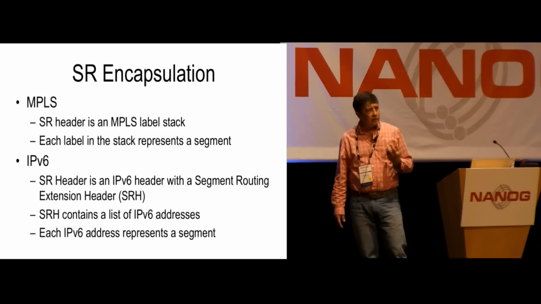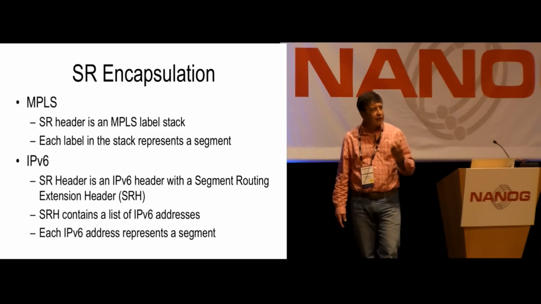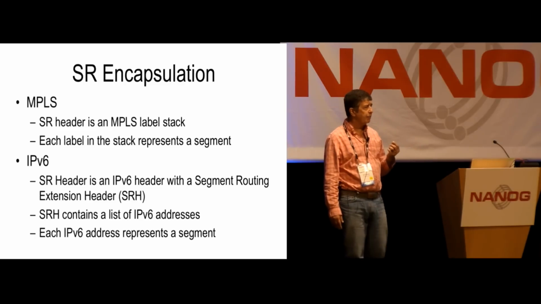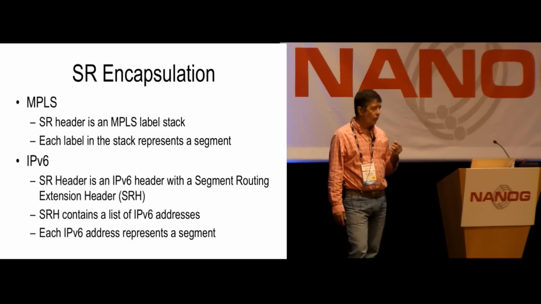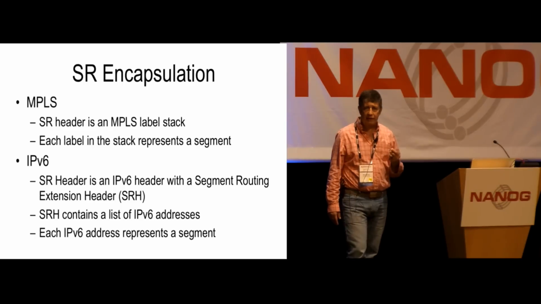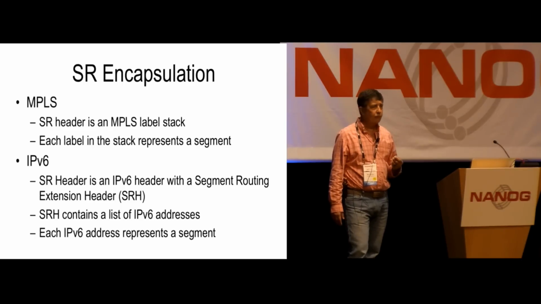Well, SR is a traffic engineering mechanism that relies on an SR-capable encapsulation. And right now there are two SR-capable encapsulations. One of them is MPLS, the other is IPv6. Let's talk about the MPLS encapsulation first.